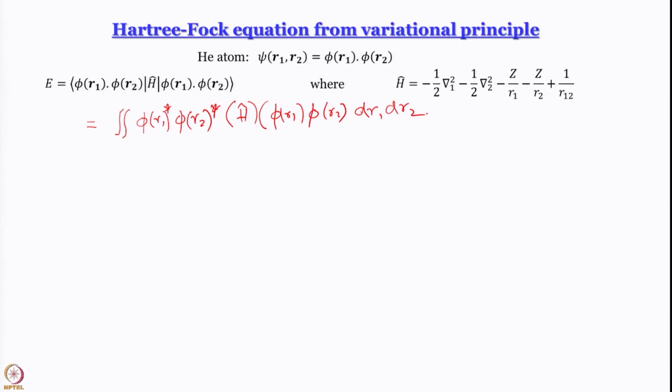right. And this Hamiltonian that we have, the first term in the Hamiltonian is entirely in terms of 1. So, if I just take the first term, I do not take all of H, then it is going to be something like this, minus half del 1 square, and you understand that del 1 square is going to operate on phi of R1, but not on phi of R2, right.